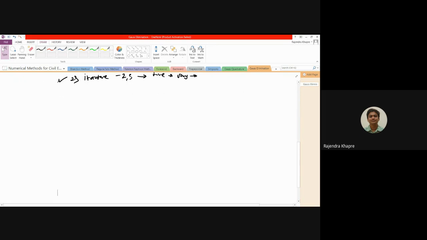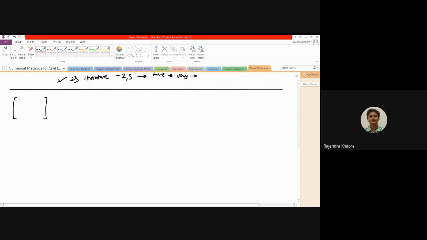So in the Gauss elimination method, we will see what exactly is done. Let me draw a simple line over here. Let us say I have a matrix. Let me take the example of a 3 by 3 matrix.